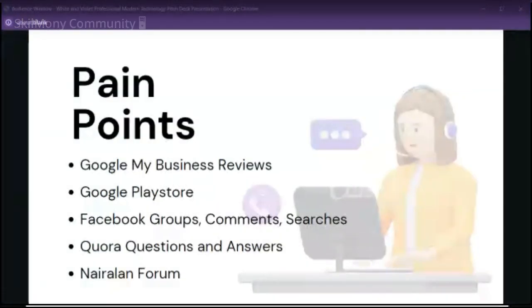But right now, we are going to go into their problems, basically, because what we saw earlier was all about customer avatar. We saw gender, we saw location, we saw what they are interested in, but we never saw their problem because they never stated their problem there. And that's because that is an analytical tool. But in terms of pain points now, we are trying to understand what pain points here.